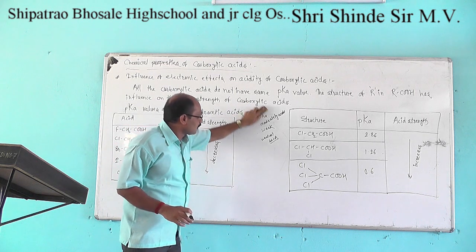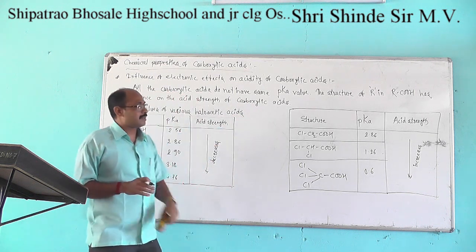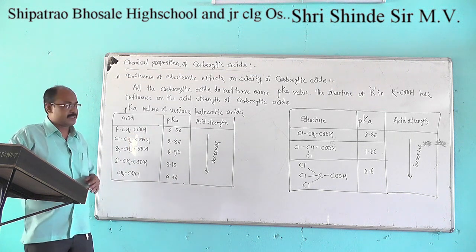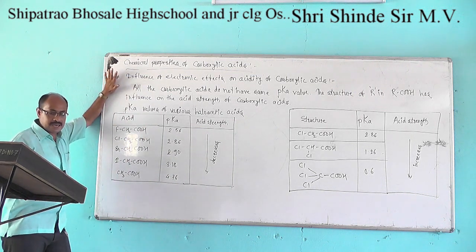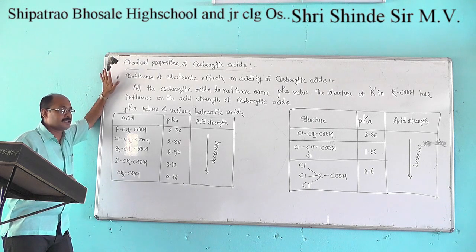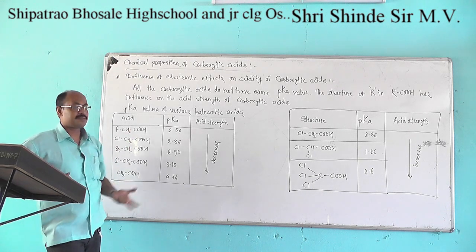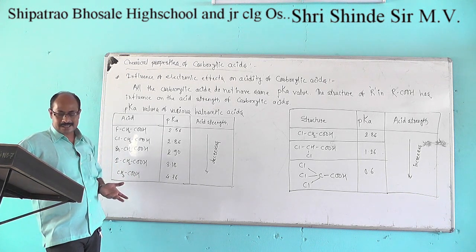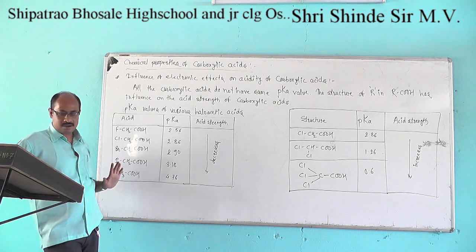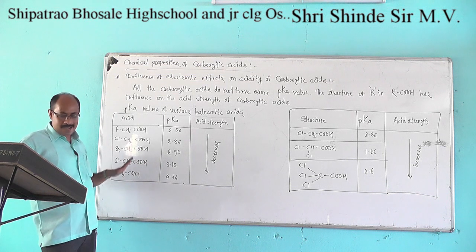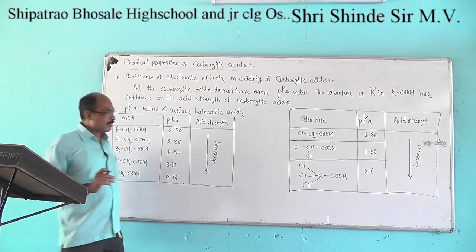Now, when we observe the table, as you know, halogens are electronegative atoms and exert an electron withdrawing inductive effect, known as the minus inductive effect. The negatively charged carboxylate ion in the conjugate base of the haloacetic acid, CH2ClCOO minus, gets stabilized by the negative inductive effect.